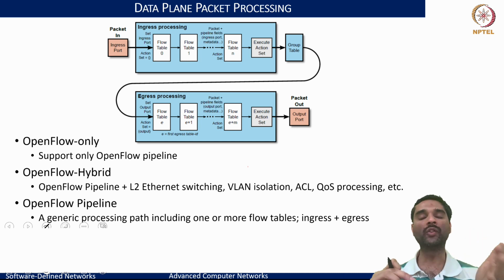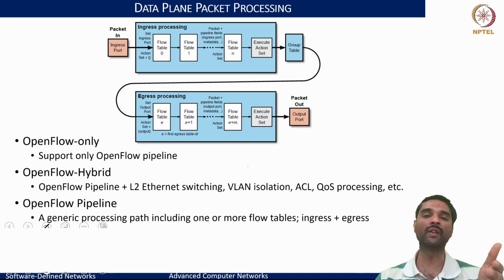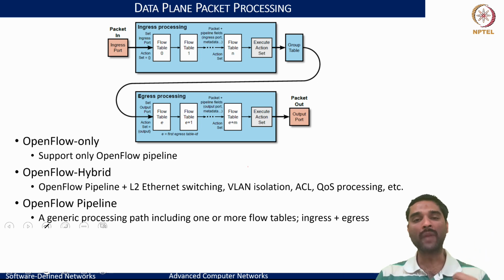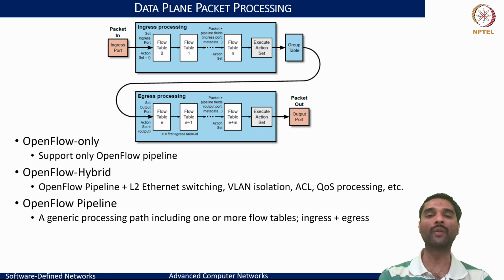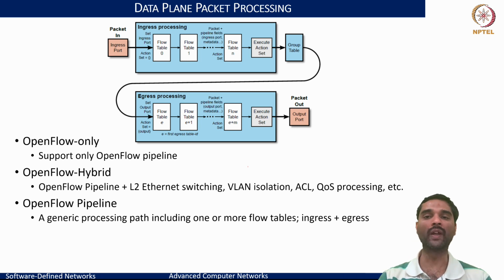And if there is a match, you would want to keep adding what actions you would want to take for that match. And the action itself can be forward to the next table. It's like if I have a match on table 0, I would want to send it to table 1. And if there is a match on table 1, you would want to send it to flow table n, and likewise, and then execute the set of actions.